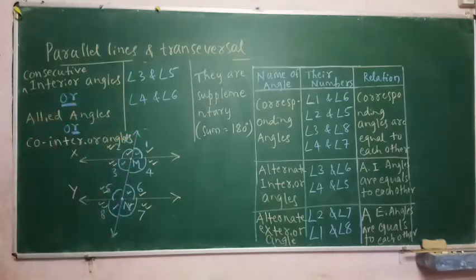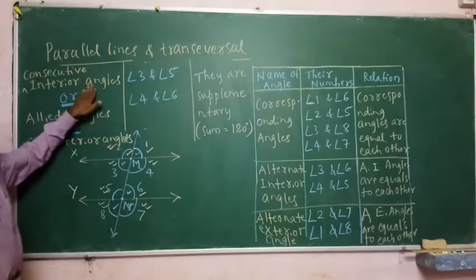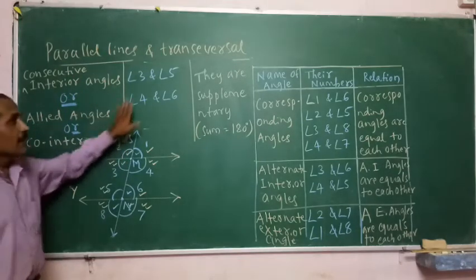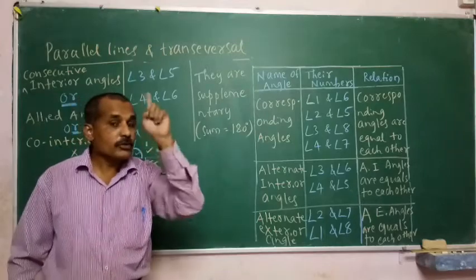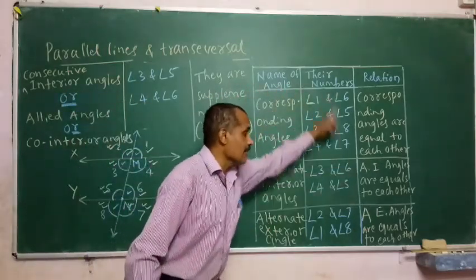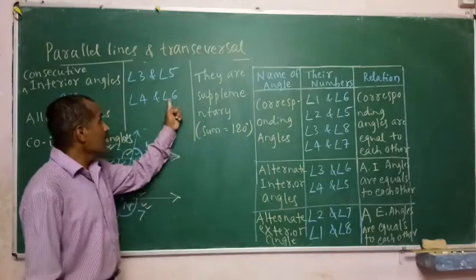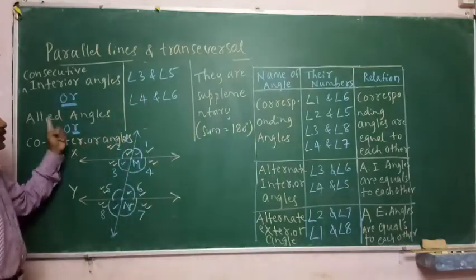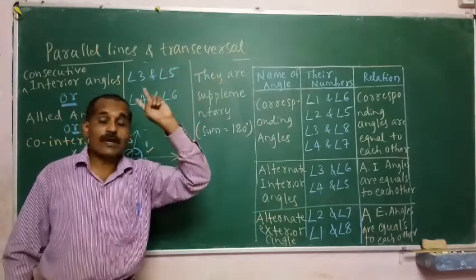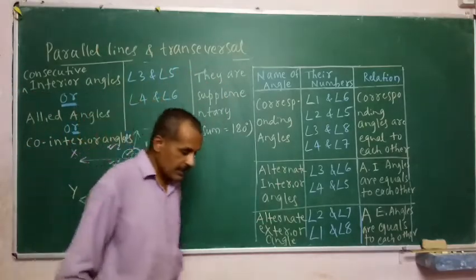All meaning the same. All the other angle pairs are equal to each other; only these co-interior angles are supplementary, meaning the sum of those two angles is 180.